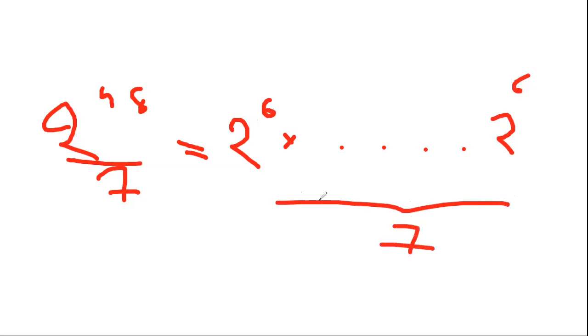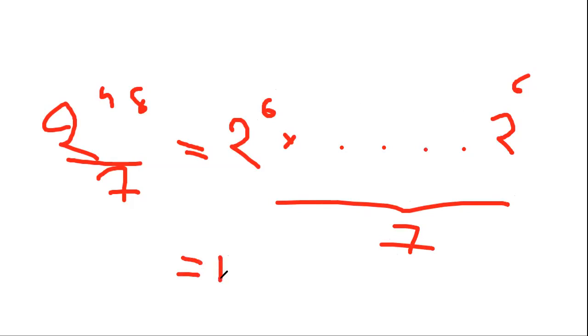So this is p, this is p minus 1, and 2 and 7 are both co-prime, right? So this will give you 1. So the answer is 1. I hope you are getting what I'm telling you right now, guys, right?